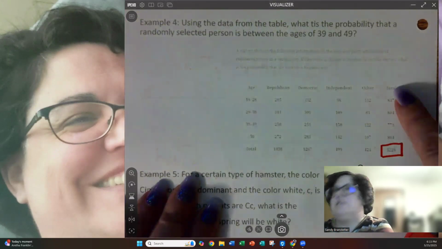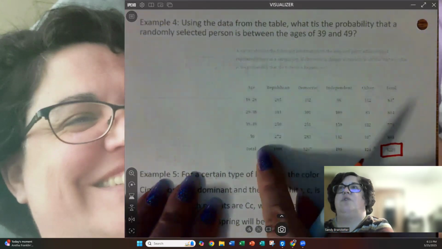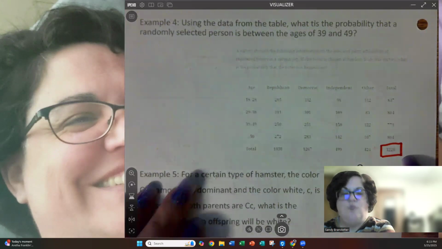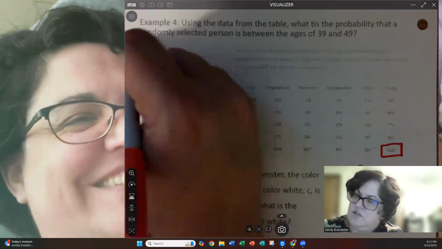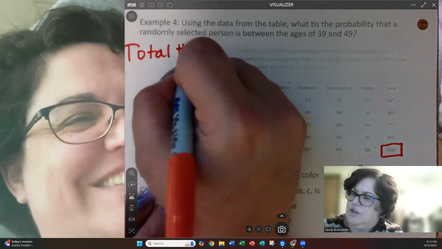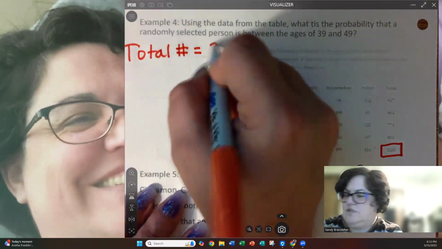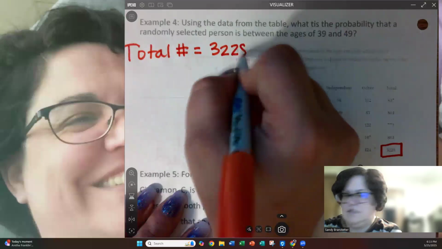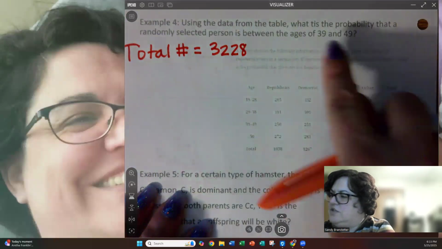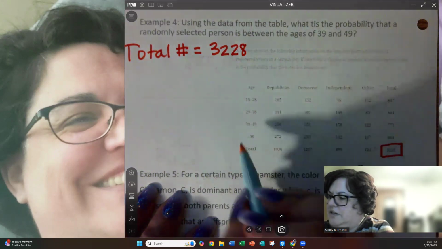Hopefully you can see this says total here, total here. That total number is 3,228. So I'll write that right here. Total number in the table, 3,228.